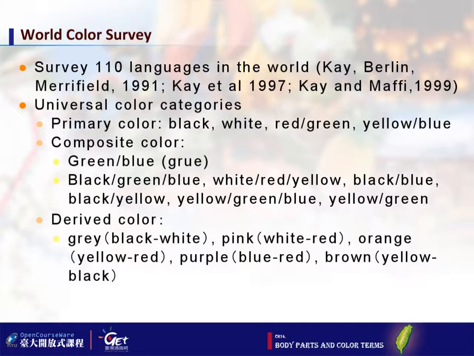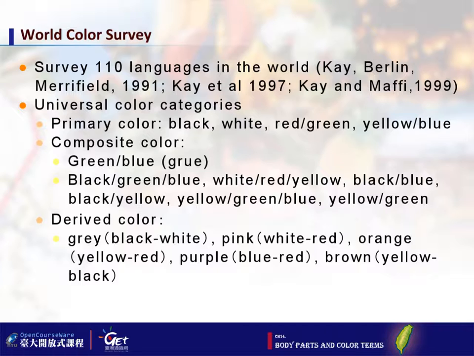There are subsequent studies of all these languages. There's what they call universal color categories. There are primary colors: black, white, and red, and green considered as one type, and yellow and blue.